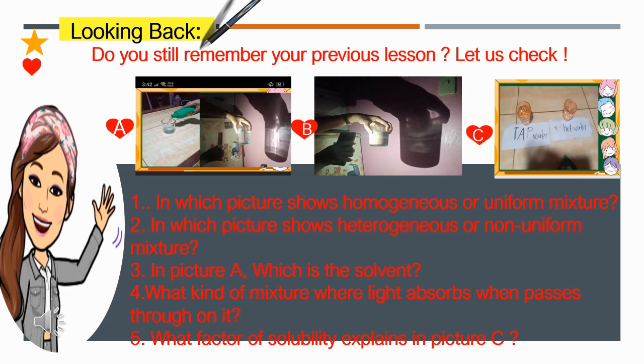Which picture shows a heterogeneous or non-uniform mixture? Question number 3. In picture A, which is the solvent? Question number 4. What kind of mixture is it where light is absorbed when it passes through it? Question number 5. What factor of solubility is explained in picture C?